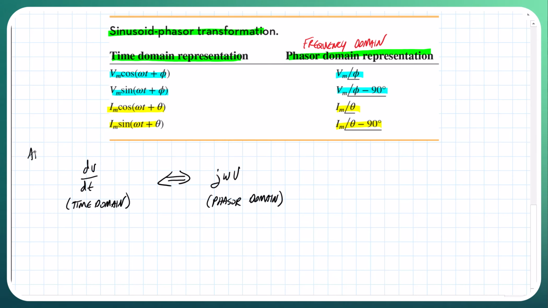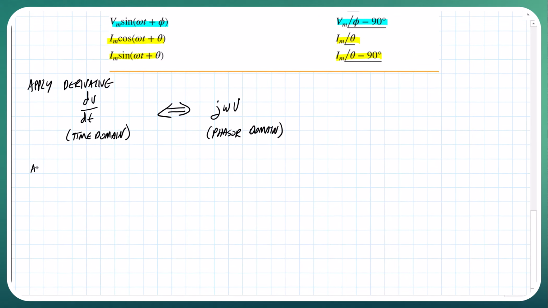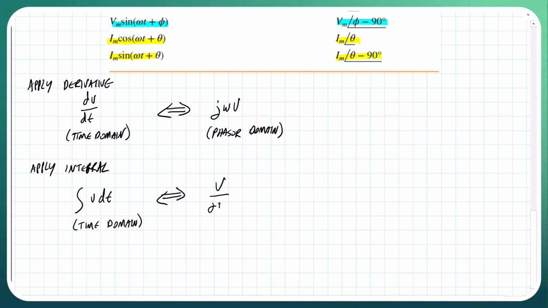If we apply an integral, the integral of v dt in the time domain gives us V over j omega in the phasor domain.